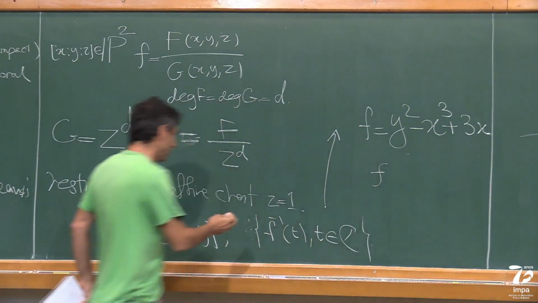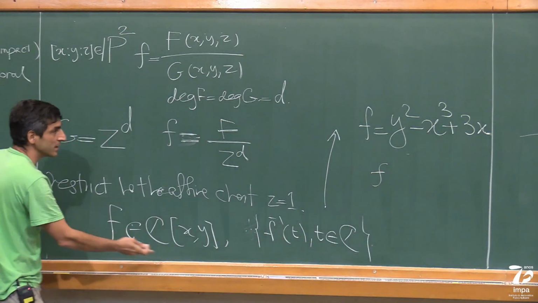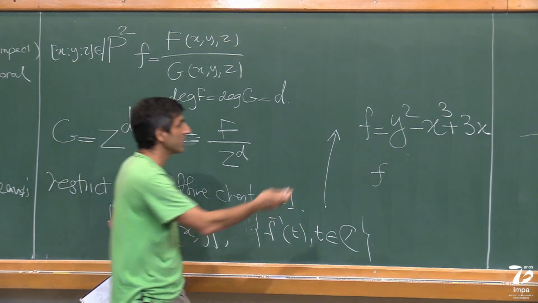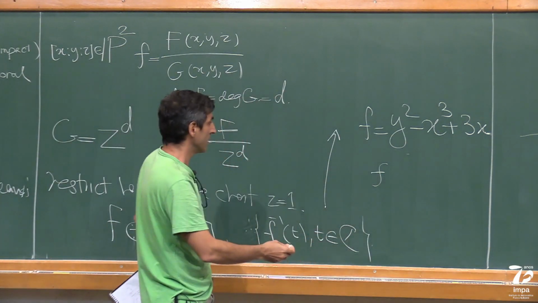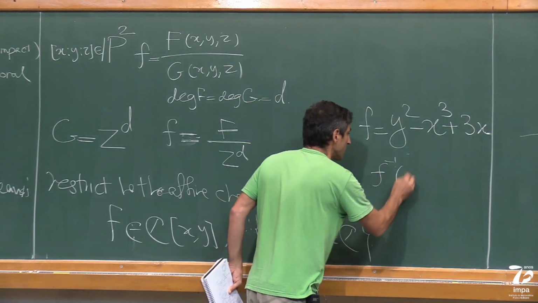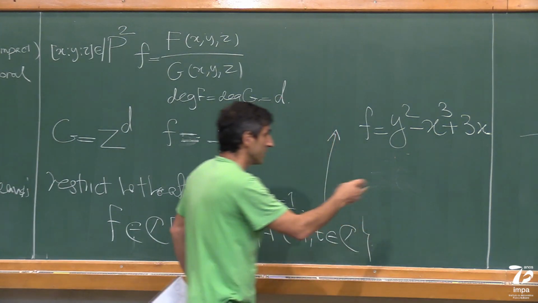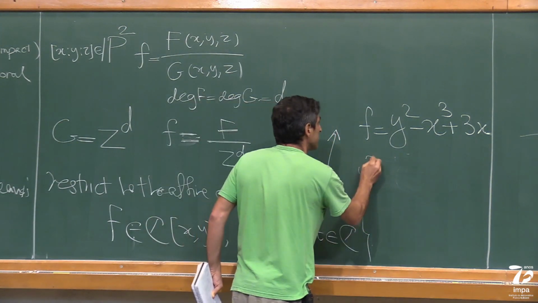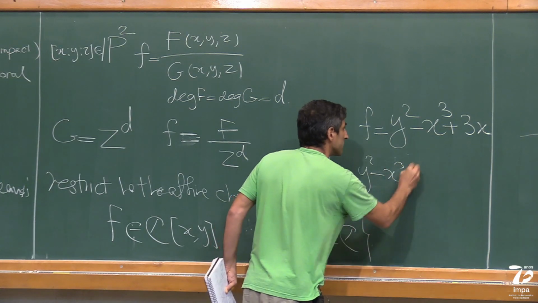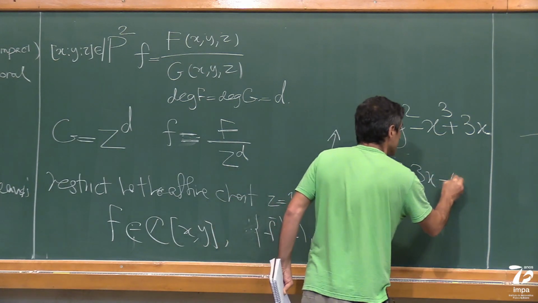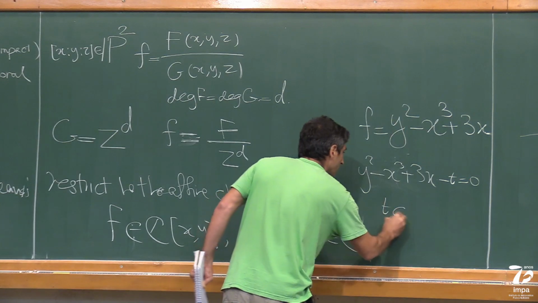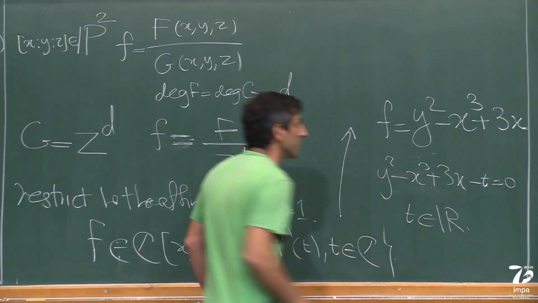This is the point that I will do in the complex context, but in order to visualize things, I will take real levels. For example, the real level y squared minus x cubed plus 3x minus t equal to 0, with t real.